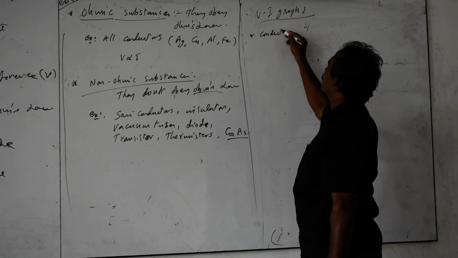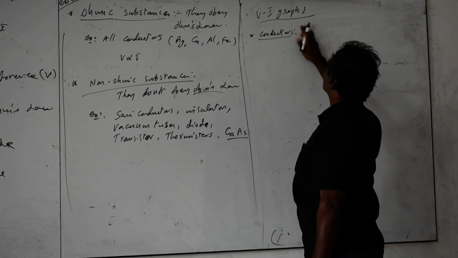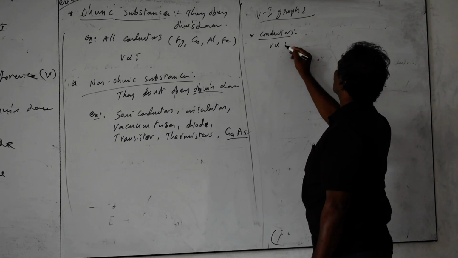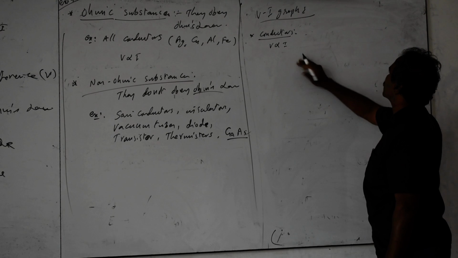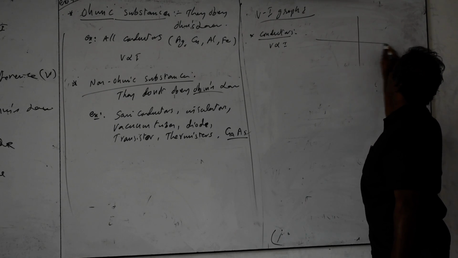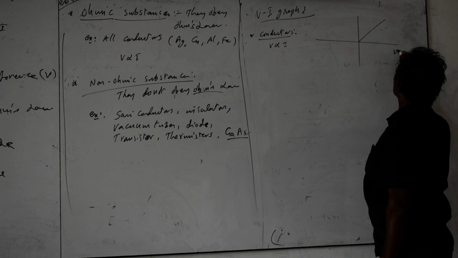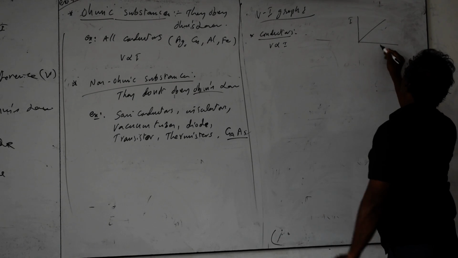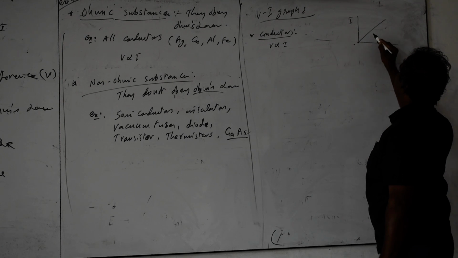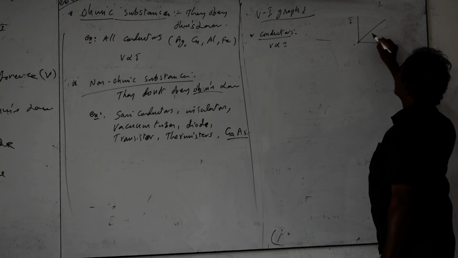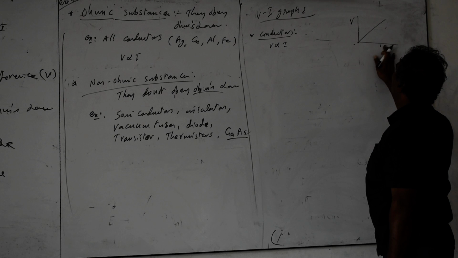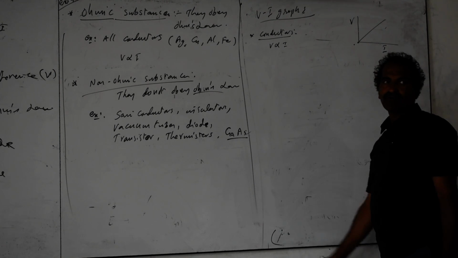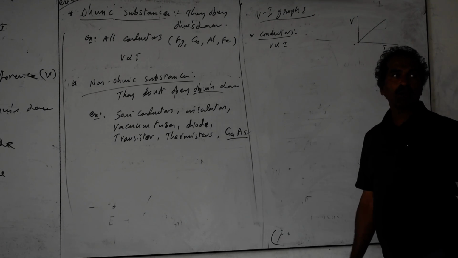For conductors, V is proportional to I, which means the graph is a straight line passing through the origin. This is V and this is I. Generally, at high temperatures, the graph will deviate slightly. In the textbook they mention V here and I here, but generally we take V on the x-axis and current I on the y-axis.